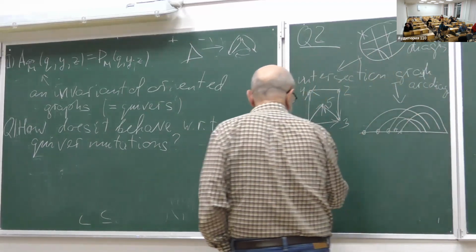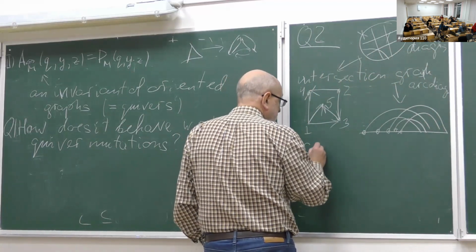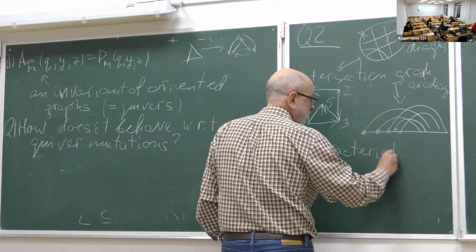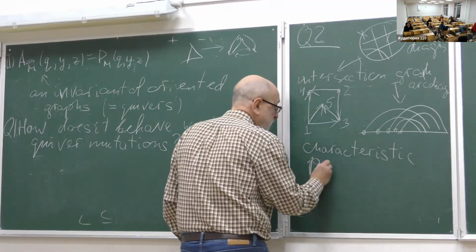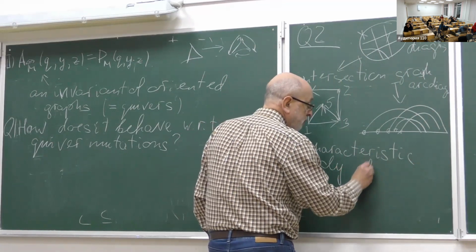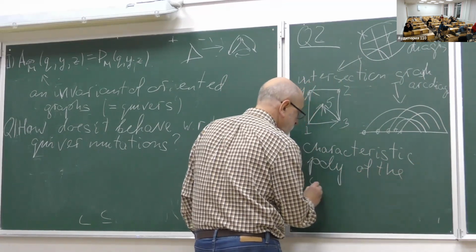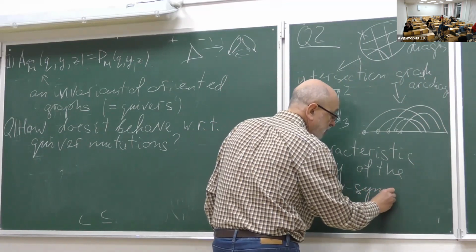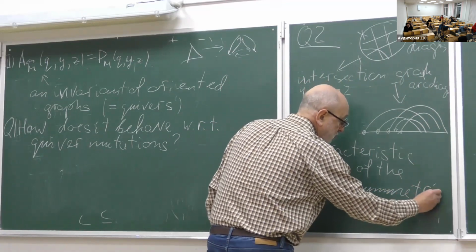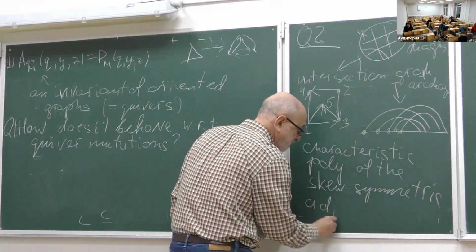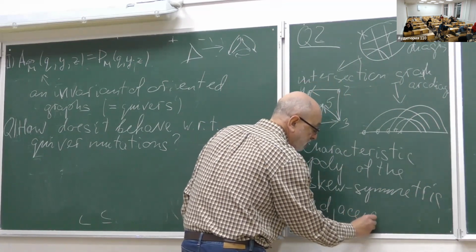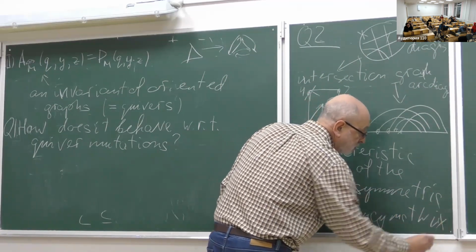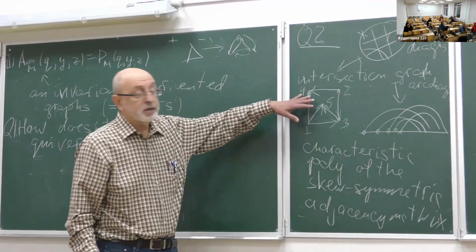For example, the characteristic polynomial of the skew-symmetric adjacency matrix of this oriented graph.